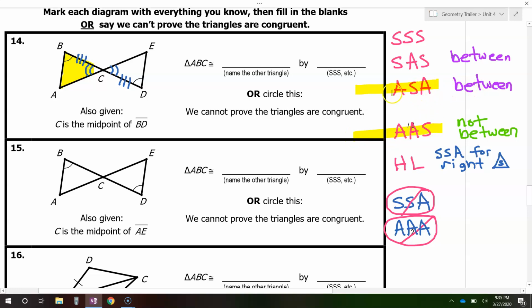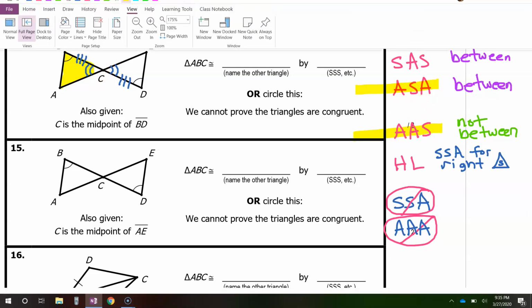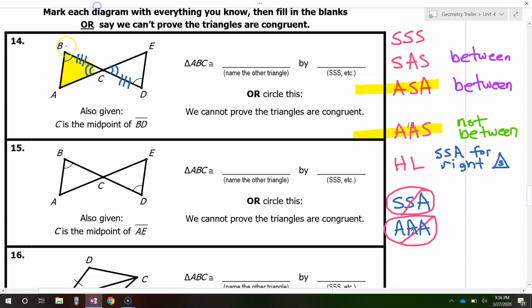Is the side between the two angles or not? Well, looking at these angles, I have an angle at B and I have an angle at C. This is the side that is between those two angles. And yes, that is the side that is marked. So the side is between the two angles. That makes this angle side angle.